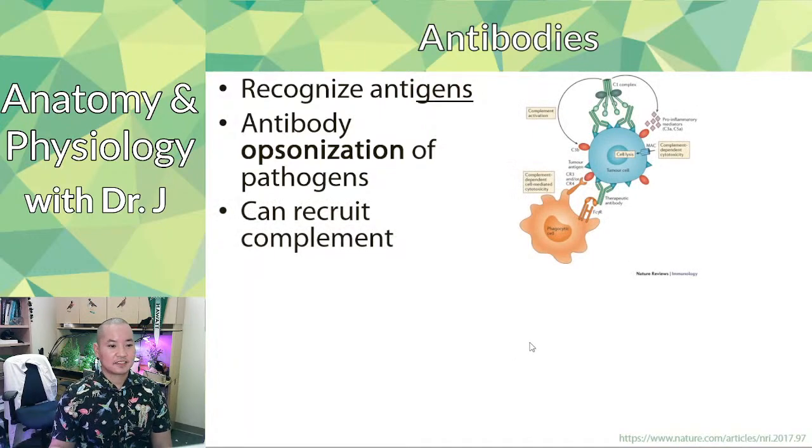Now, the other thing that antibodies can do is recruit complement. Complement are those soluble proteins that can actually attack pathogens by themselves. So again, even though we have those definitions of adaptive and innate immunity, they won't stay in their own lane. They work together, and this is a classic example.